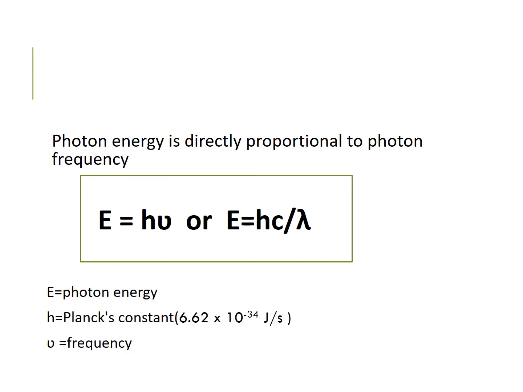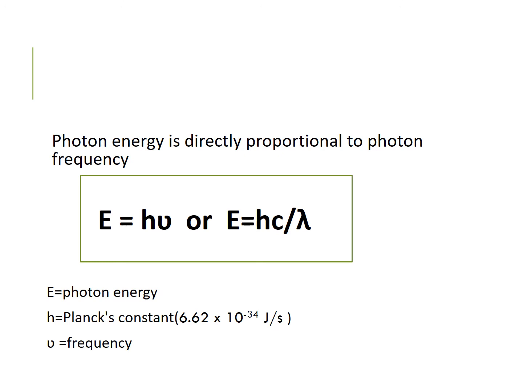E is the photon's energy. h is Planck's constant, the constant value 6.62 into 10 raised to minus 34 joule per second. Nu is frequency. So we can calculate the energy of the photon as h into nu, Planck's constant into frequency.